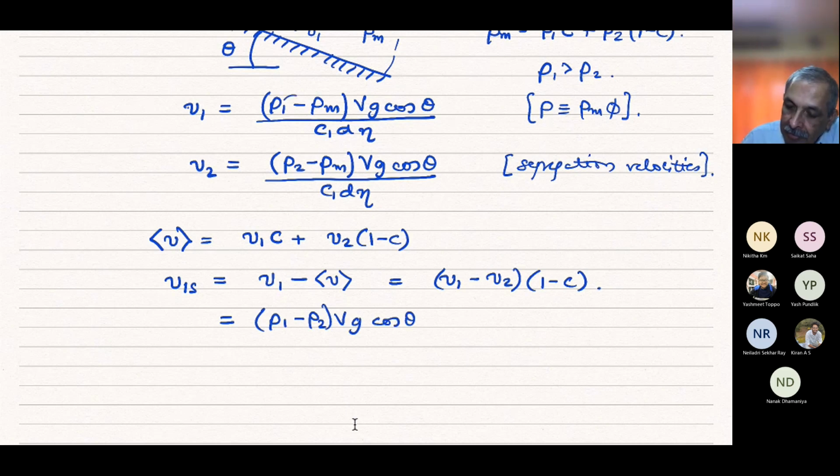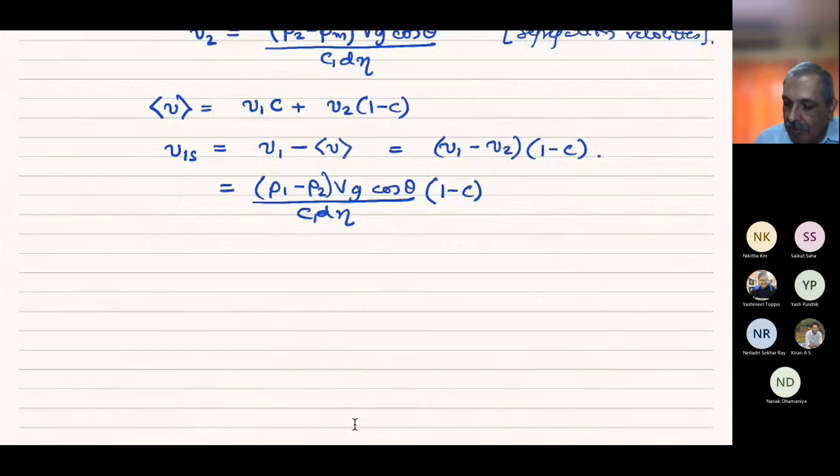If you subtract V2 from V1 you will get this expression, and then this multiplied by 1 minus C.